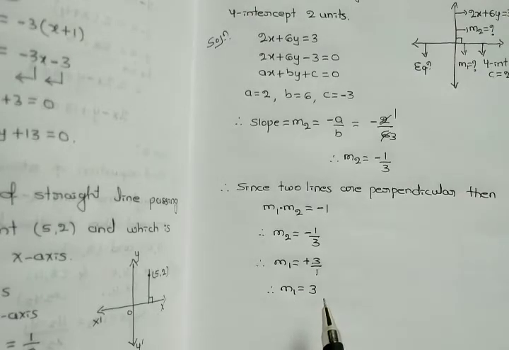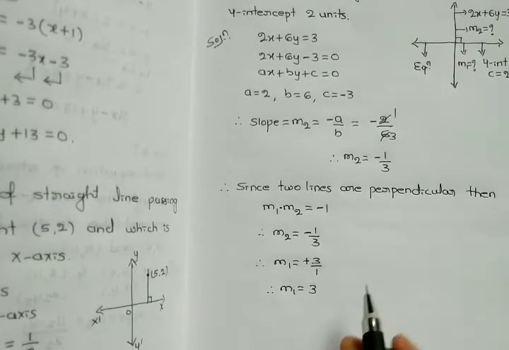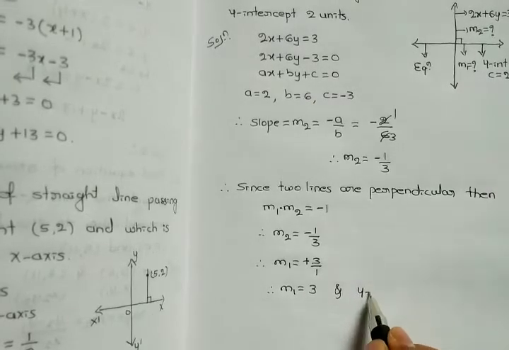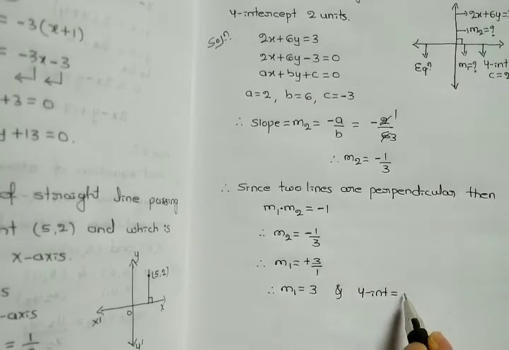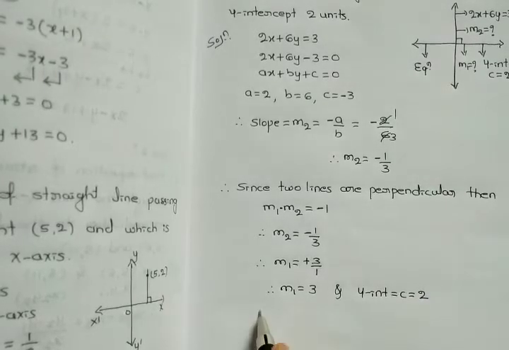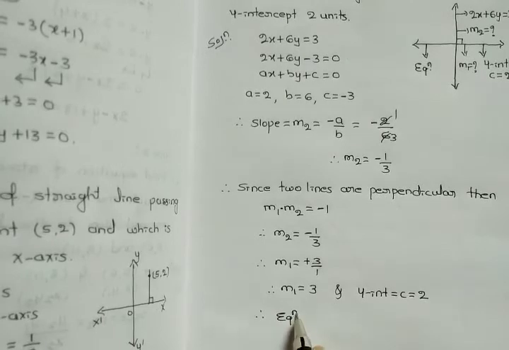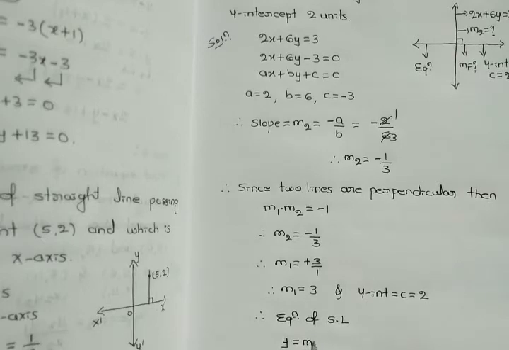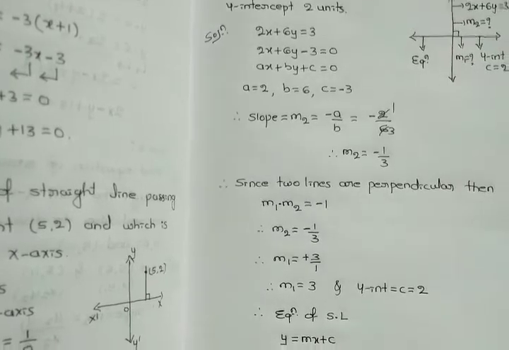So you got the m1 value. And already which value is given? The y-intercept is given. So y-intercept means the c value is given. How much? 2. Therefore you need the equation of the first line. So the equation of the straight line: you know, when the slope and y-intercept c value are given, what is the equation of a straight line? y is equal to mx plus c.